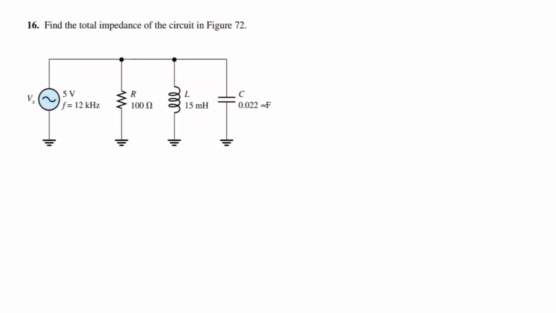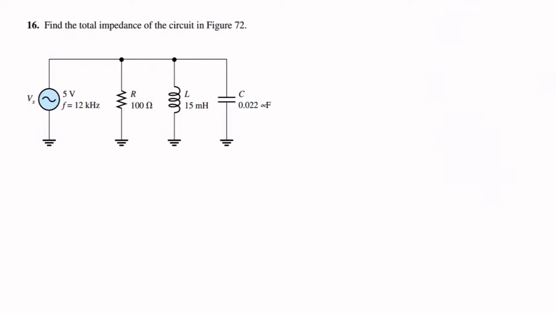Now let's talk about this problem. This problem requires us to find the total impedance of the given circuit. The circuit consists of a source voltage with an amplitude of 5 volts and a frequency of 12 kilohertz, and a resistor, an inductor, and a capacitor which are arranged in parallel.